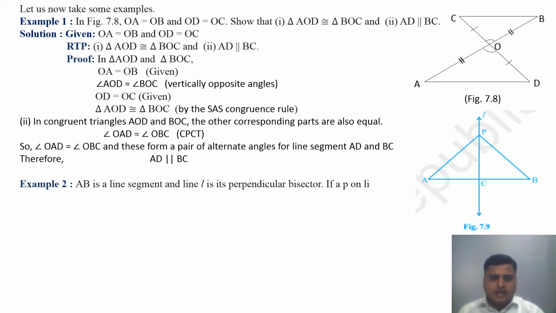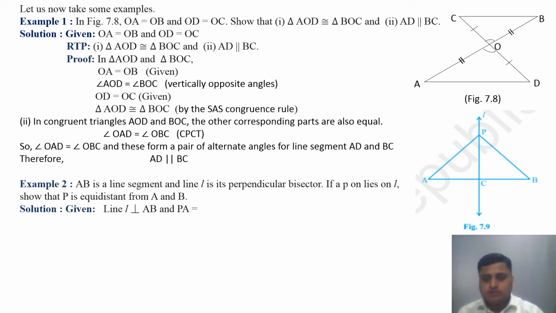If P lies on L, then we need to show P is equidistant from A and B. Equidistant means equal distance: the distance from P to A and P to B are both equal. So what is given? Line L is perpendicular to AB, as well as a bisector. Very important, it is given as a bisector. Bisector means it divides the line AB into two equal parts.